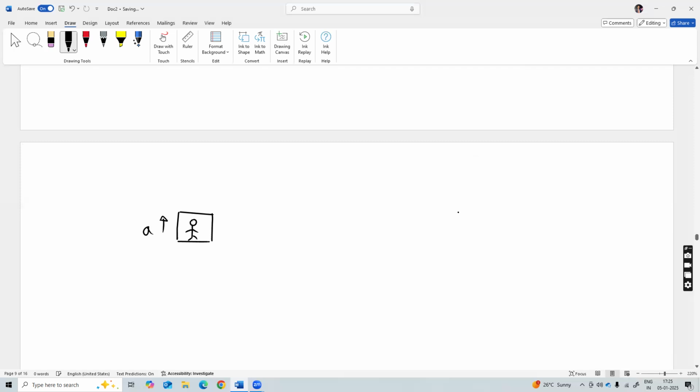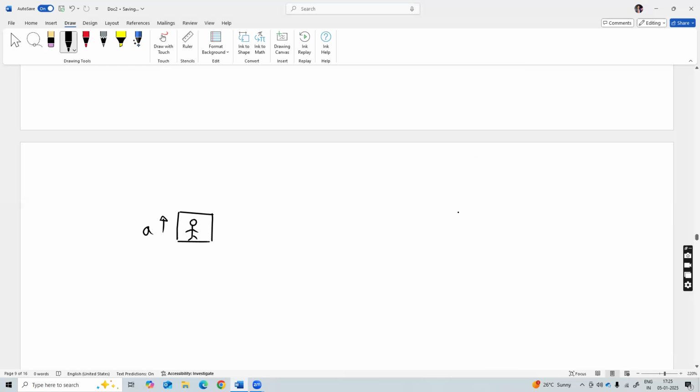If we see from outside, we know that this man is moving with acceleration a, and therefore when we draw his FBD, we have considered his acceleration.